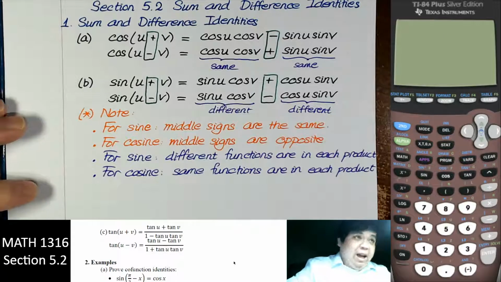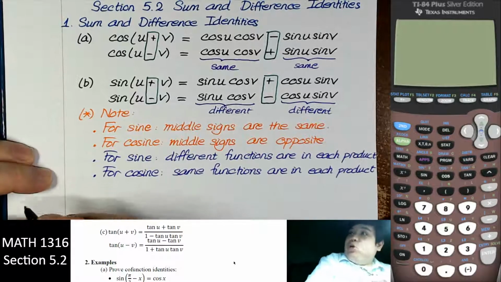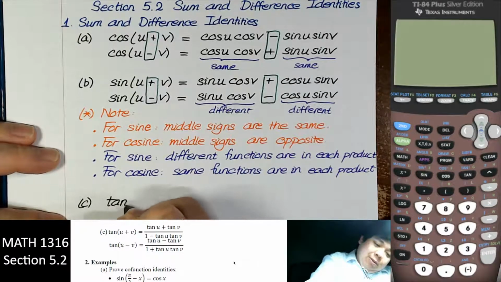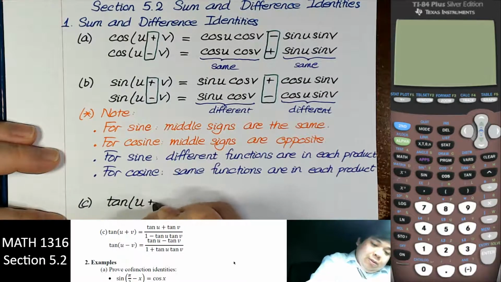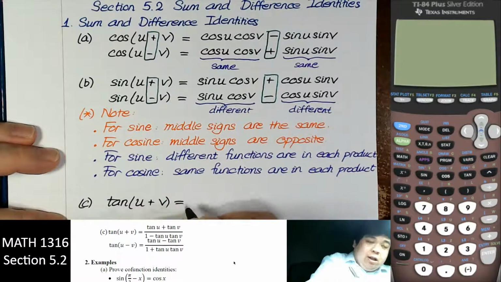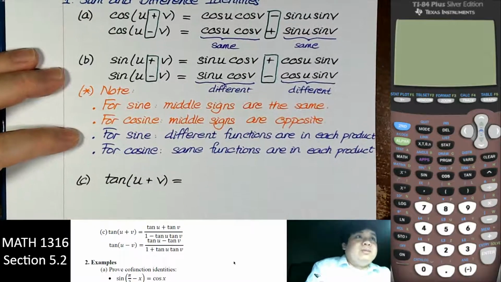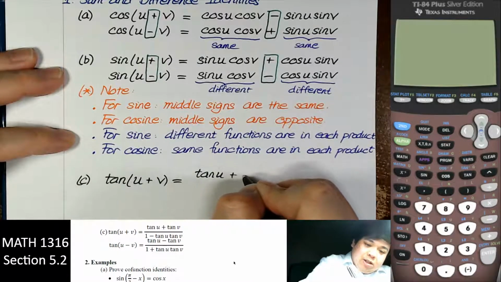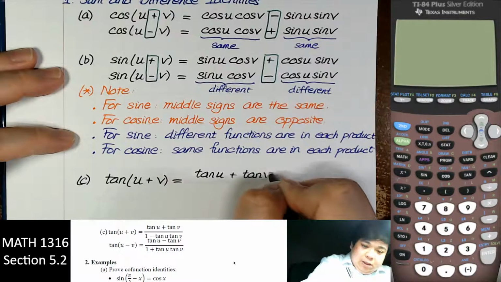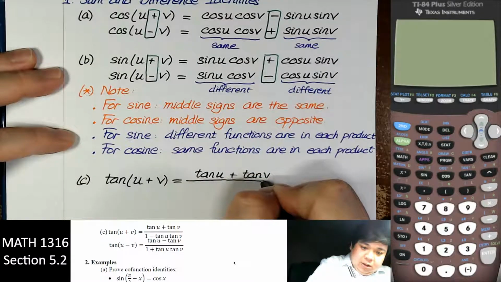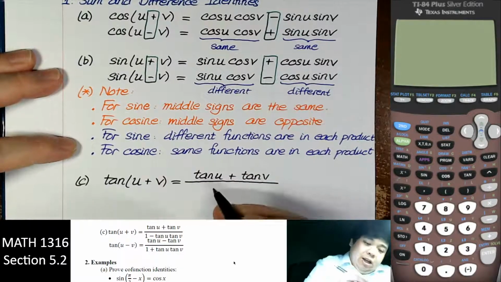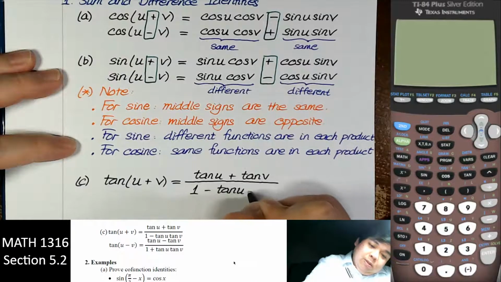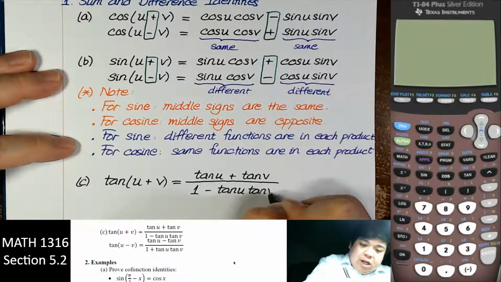Right. And the next one, I have no trick for it. Tangent of u plus v is tangent of u plus tangent of v over 1 minus tangent of u tangent of v.